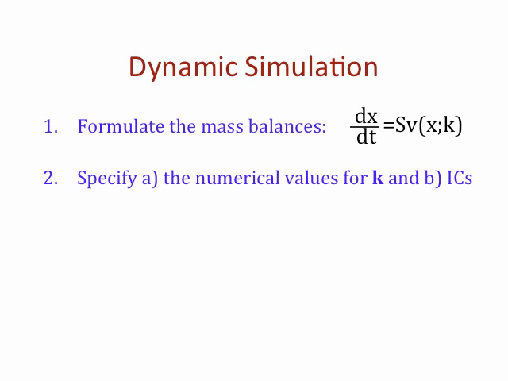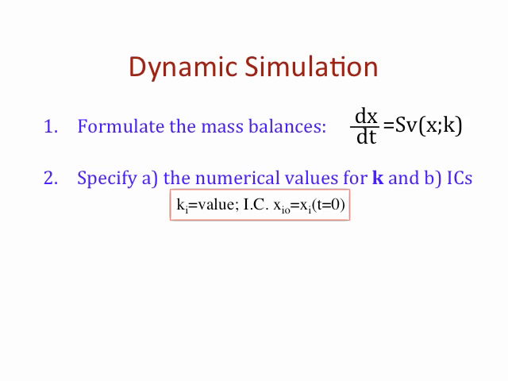Then, for a particular simulation, we have to specify the initial conditions. And those are the conditions from which the simulation will begin. So the numerical values for the rate constants are determined once, and the initial conditions may change from simulation to simulation of the equations you have defined.